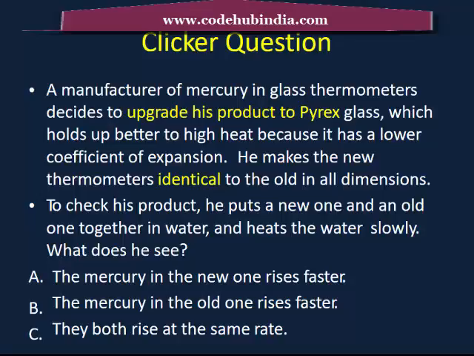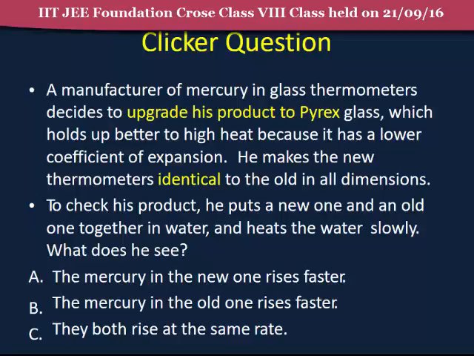To check the product, he puts the new one and an old one together in water and heats the water slowly. What does he see? Mercury in the new one rises faster, mercury in the old one rises faster, or they both rise at the same rate.